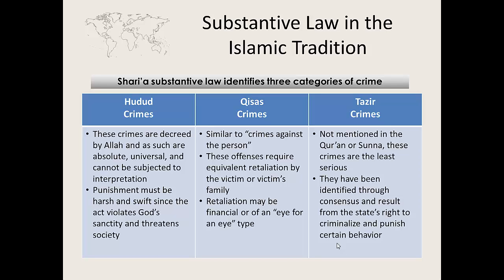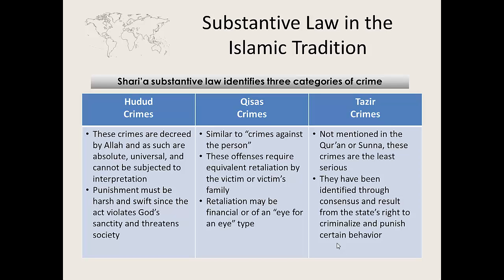And very quickly, hopefully, we can finish this first part of Chapter 5, and we need to make reference to the substantive law in the Islamic tradition, because it does present a little bit of a difference. We still have types of crimes, felonies, misdemeanors, and petty offenses would be a common legal tradition example of that, or the five books under the French Penal Code.